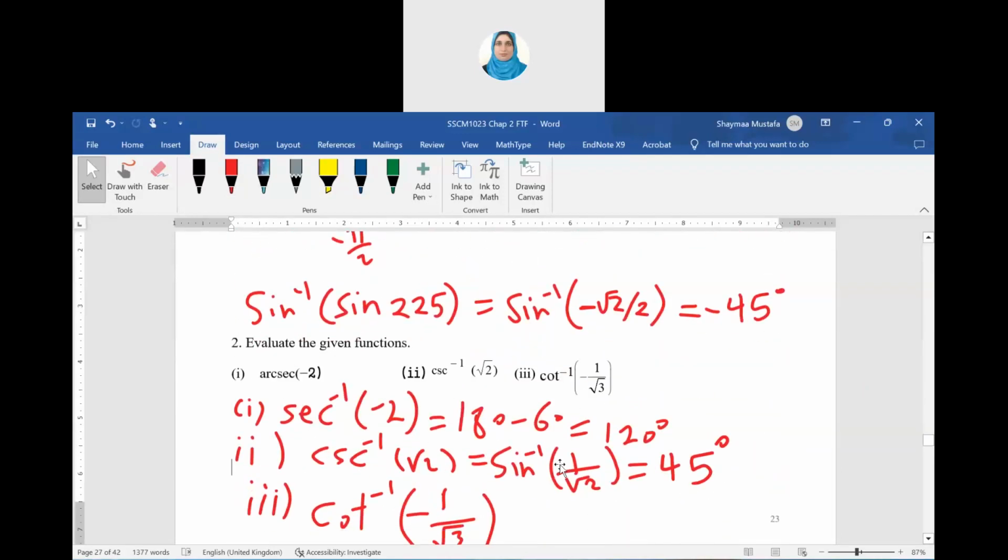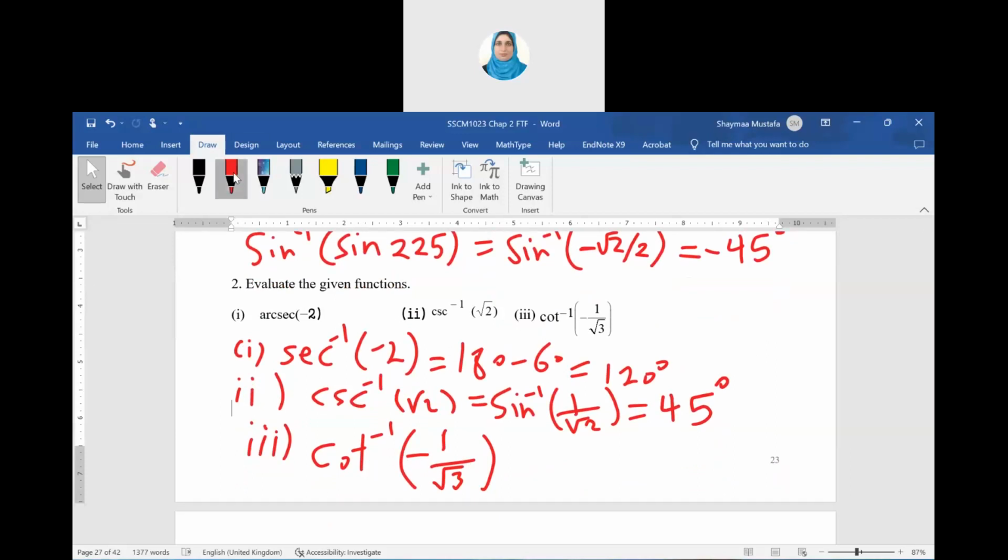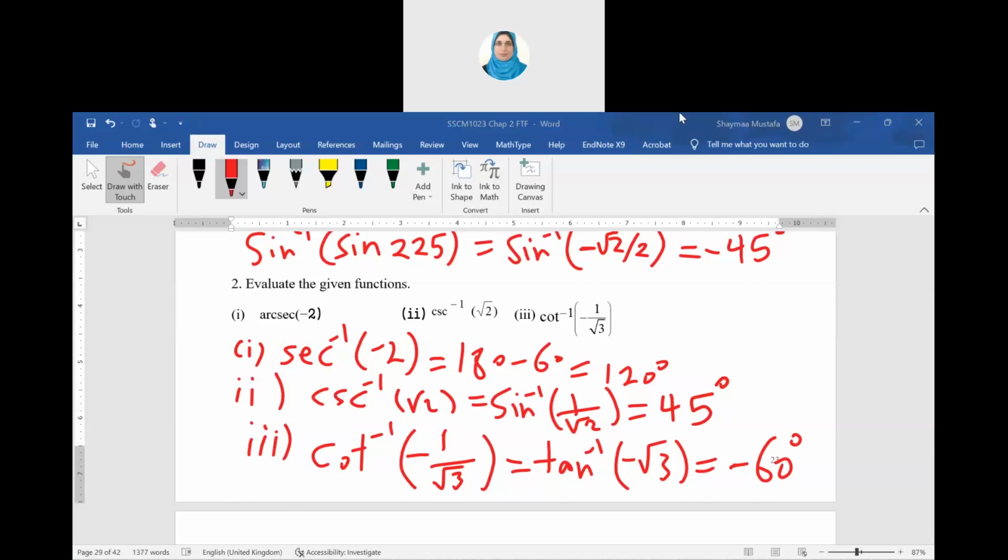So same here, this one is equal to tan inverse of minus square root of 3. Now you calculate tan for a negative value, so it should be from the fourth quadrant. So minus 60 degrees. Just use the identities.